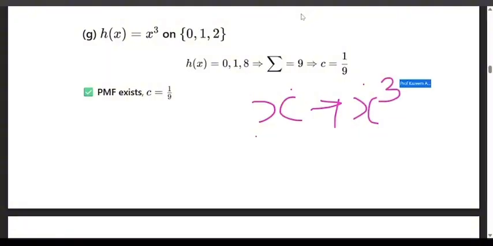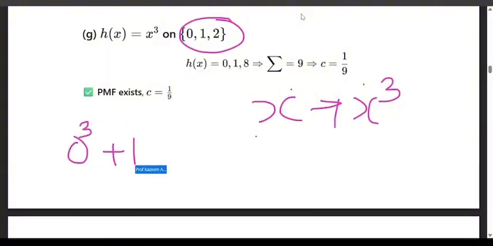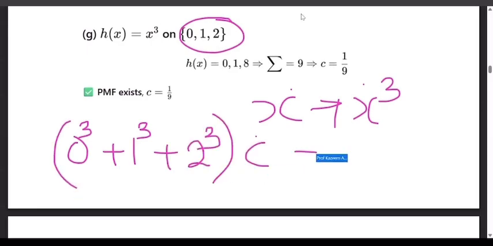And you know what? You have this as support. Your support is 0, 1, 2, right? Now when you have 0, 1, 2, this is gonna be 0 raised to power 3 plus 1 raised to power 3 plus 2 raised to power 3. And don't forget you're gonna multiply by c, equal to 1.